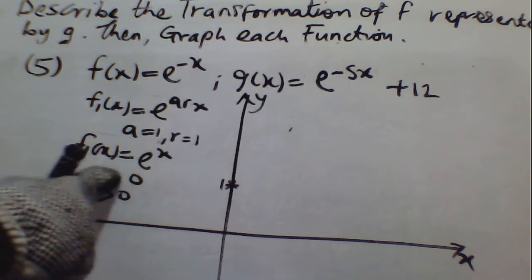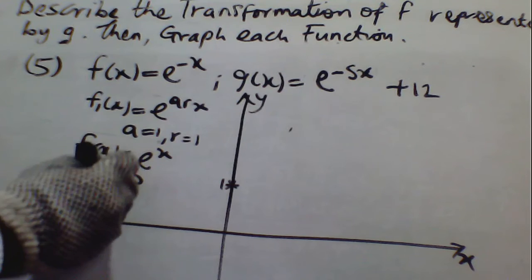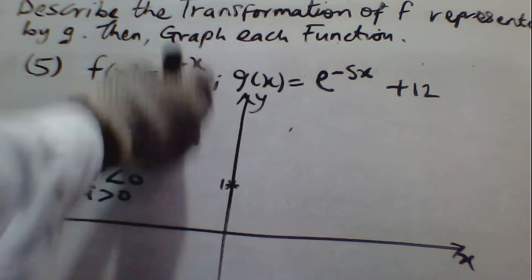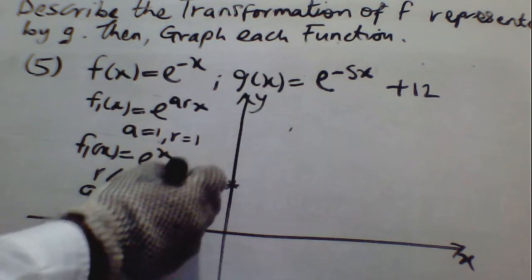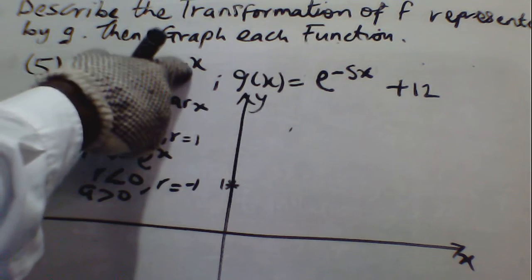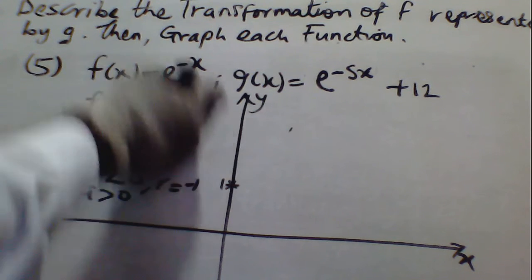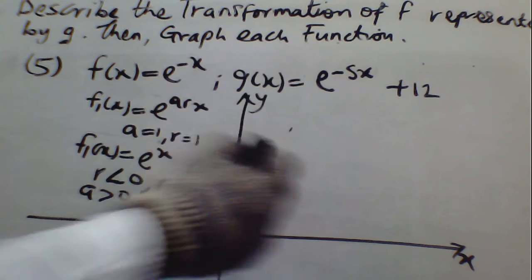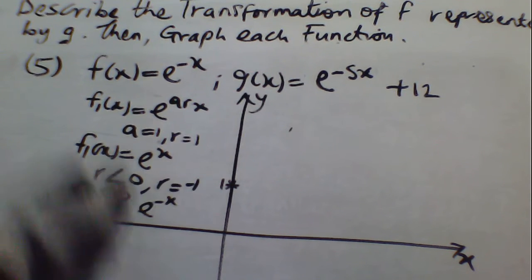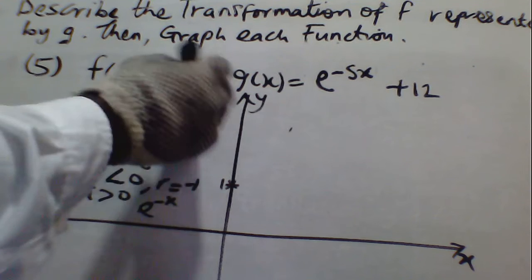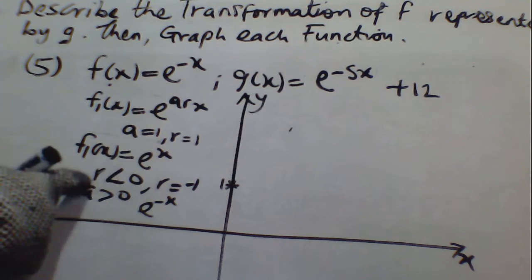But if r is less than 0 and a is greater than 0, it will start from here. I hope you are seeing it. In this case, our r is equal to minus 1. That's why we get negative here. So the graph will start here. That's why we have e raised to power minus x as in this function. It will start from here because r is less than 0.